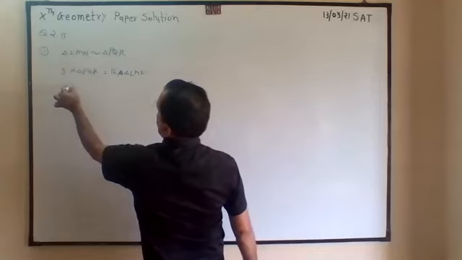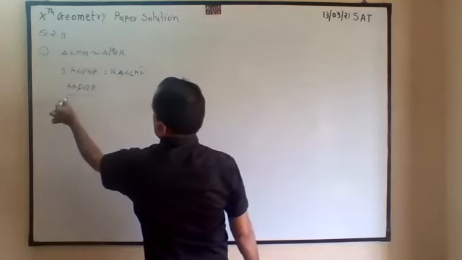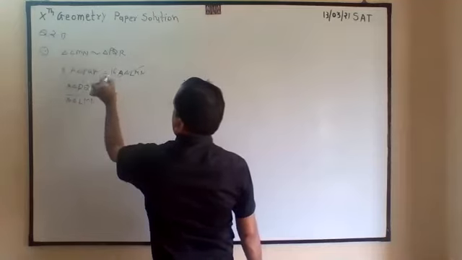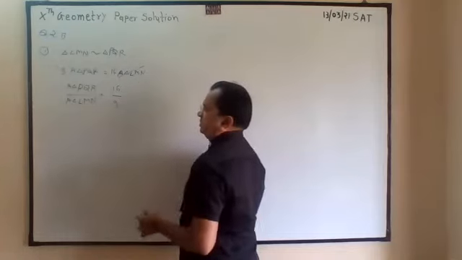So area of triangle PQR goes down, area of triangle LMN, 16 divided by this goes down, 9.